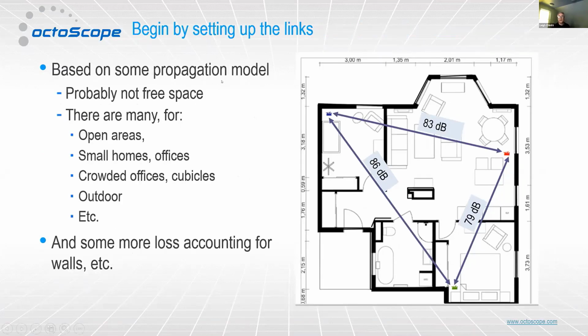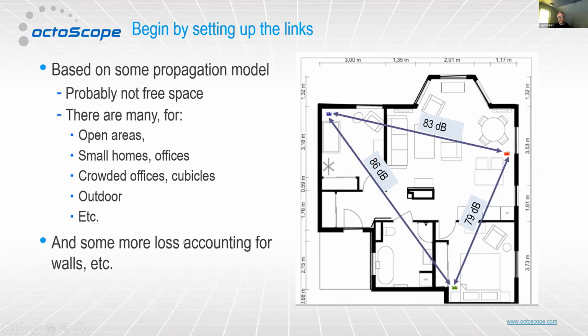So what we can do is start by setting up these links, right? We can estimate what the path loss would be based on some sort of model. Before, we talked about free space, because that's the one you always start with. But as I said, there are many different kinds of path loss models, for open areas, small homes, crowded offices, outdoor, all kinds of things.